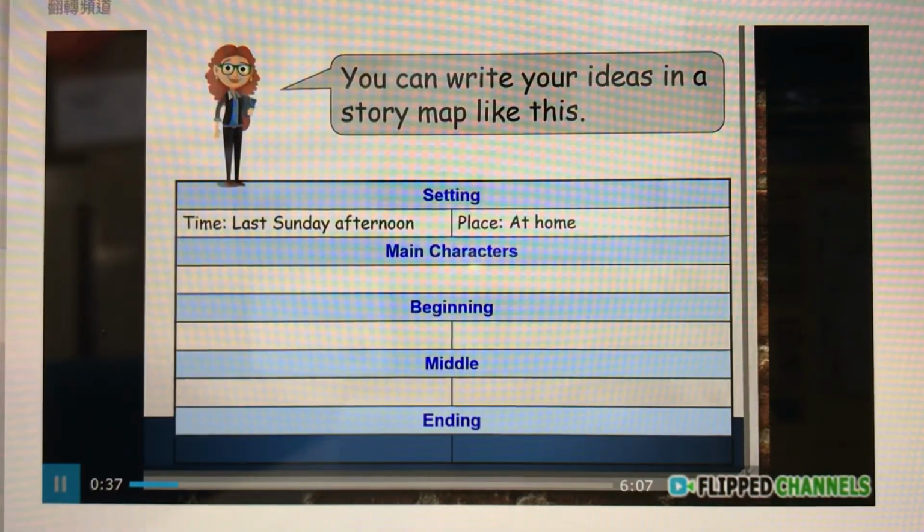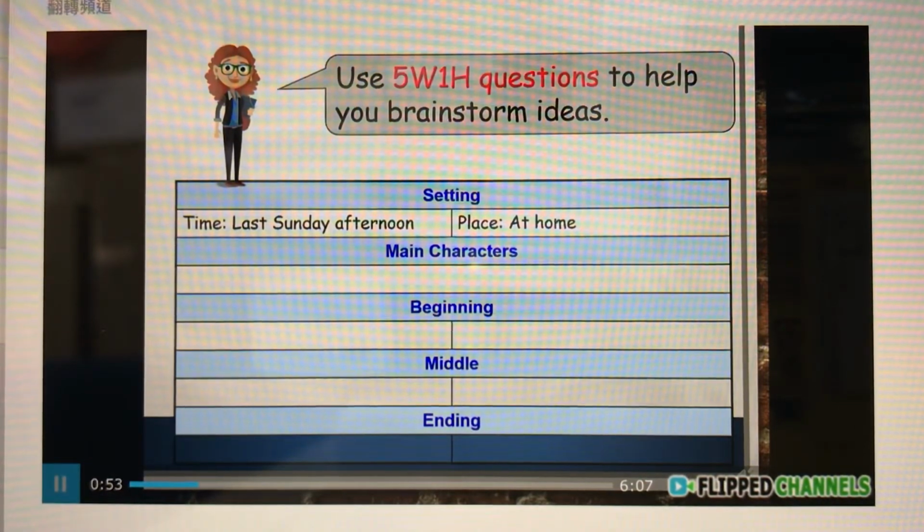You can write your ideas in a story map like this. The story map consists of setting, main characters, beginning, middle, and ending. You can use 5W1H questions to help you brainstorm ideas.